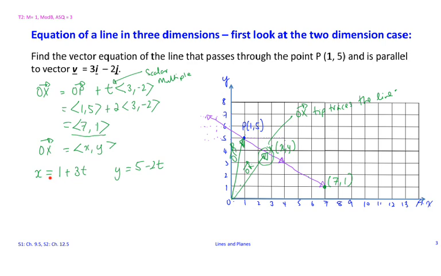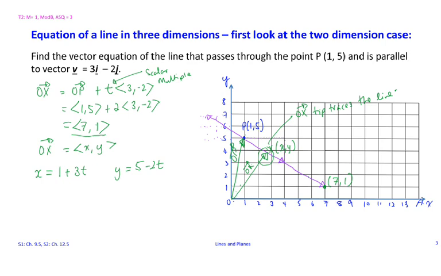If we look here, we have the position vector, which is (1, 5). There's our V, and it's actually tracing the line. Your position vector tells you the point on the line, and we're adding the next vector.